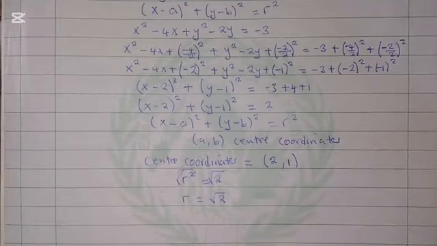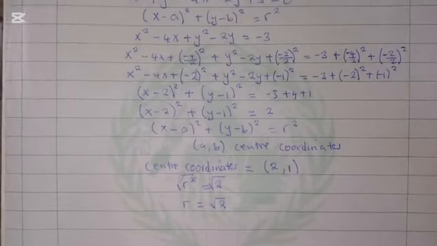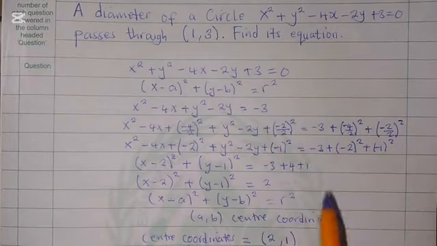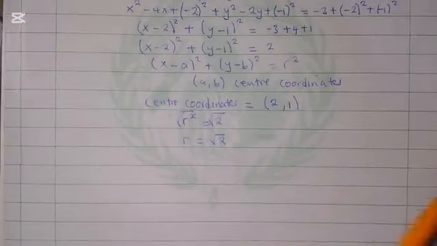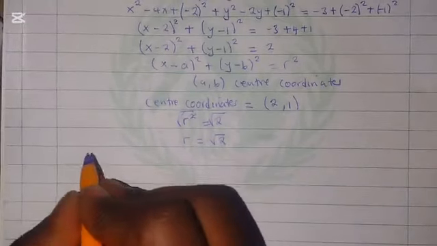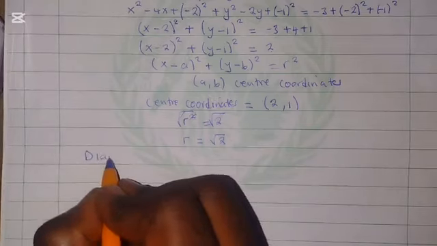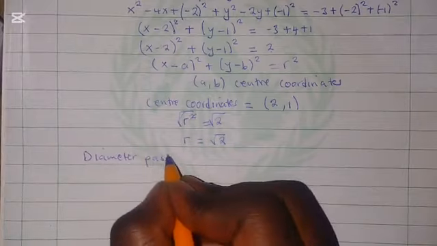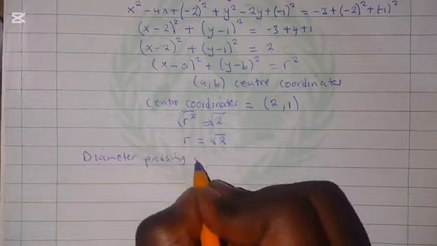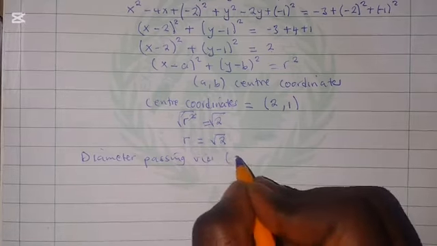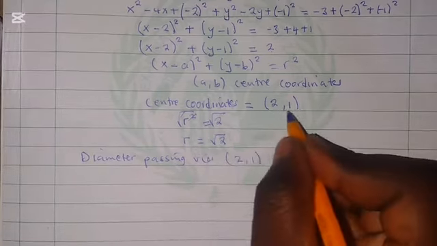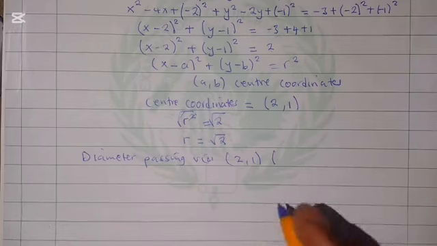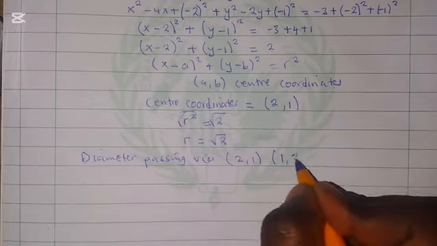And we can see that we are told in the question to find the equation of this diameter. So this diameter was passing through (2, 1), this center, and also the one that they have given us in the question, because in the question they have said it was passing through (1, 3).